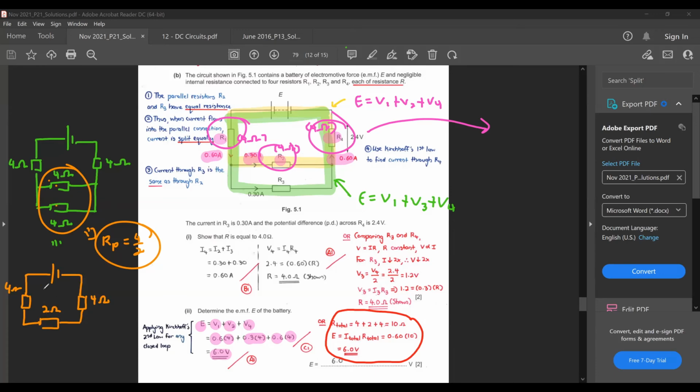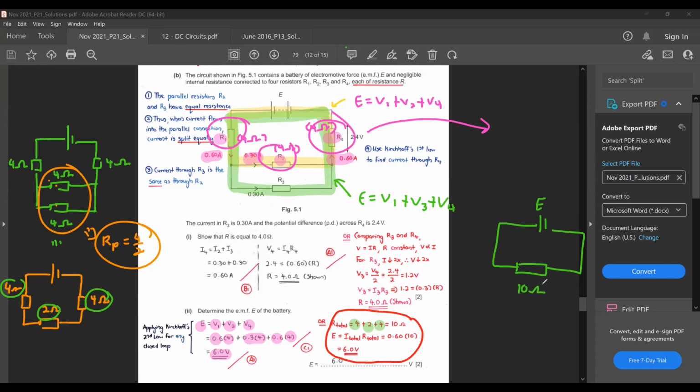Then you can further simplify it to become something like this. Because these are connected in series, you can just add them up: 4 plus 2 plus 4, giving you 10 ohm.